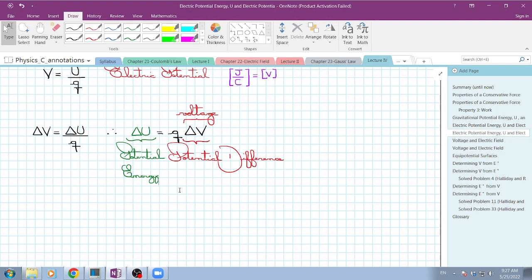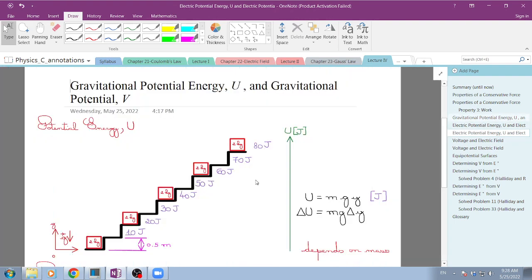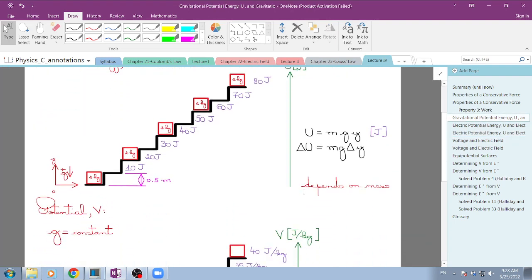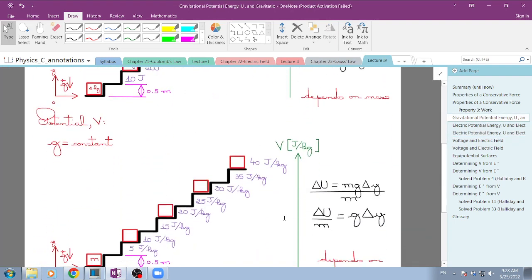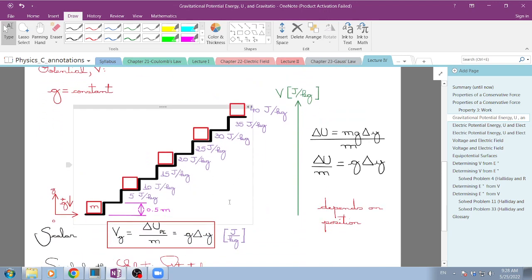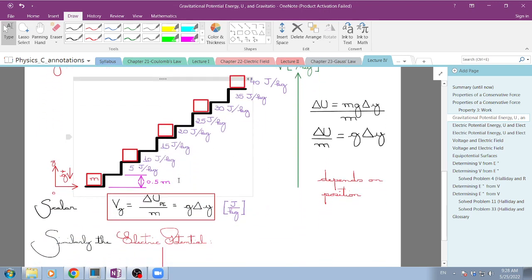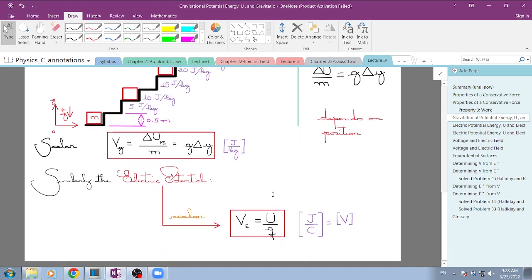They are not exchangeable concepts. As I showed you before, this one is energy, this is energy per mass, and in our specific case, energy per coulomb. So they're related, but they are not the same.